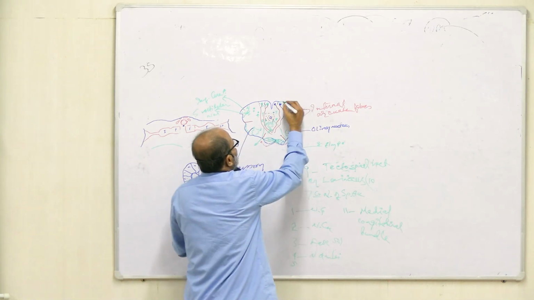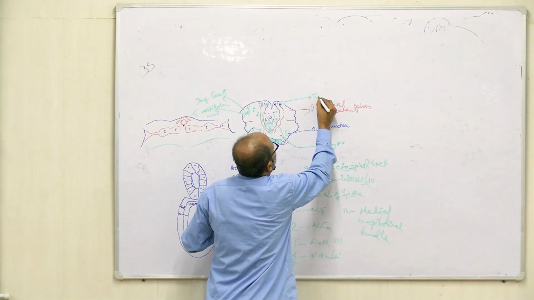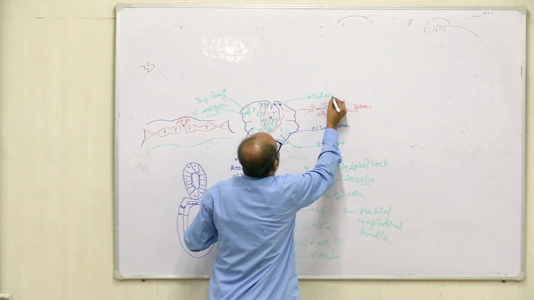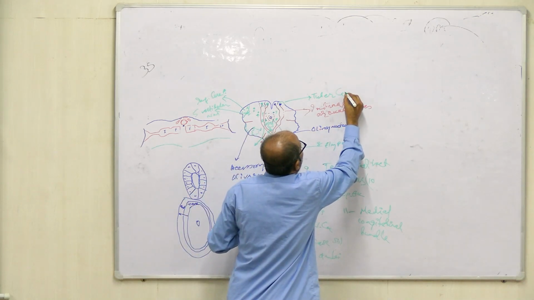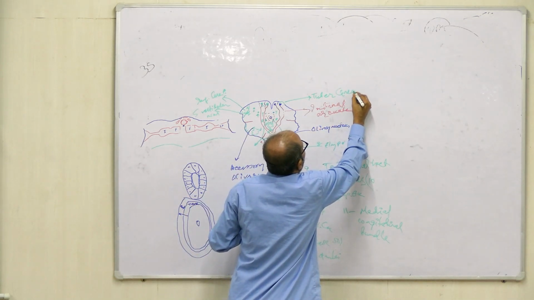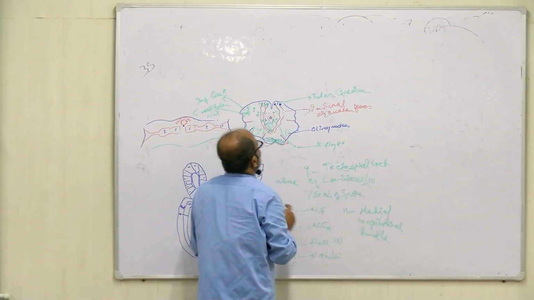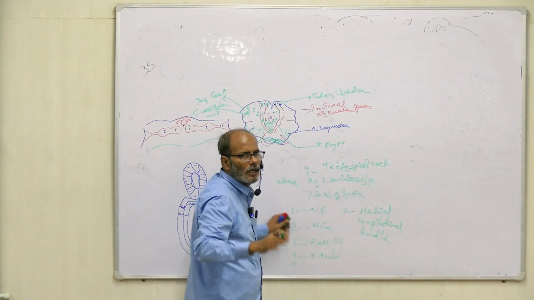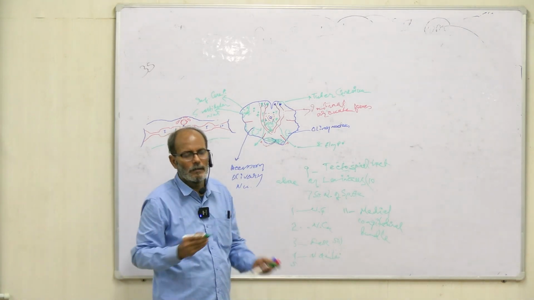This is known as tuber cinereum. This is an ependymal thickening causing this elevation.